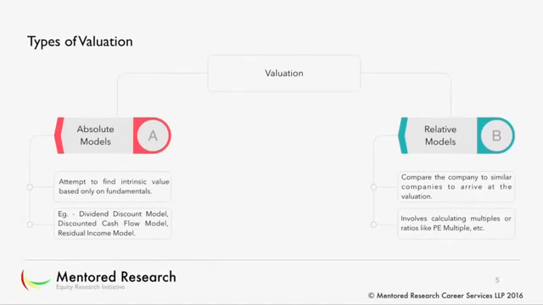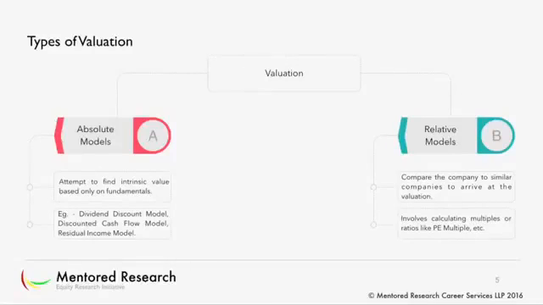Now there are plenty of techniques of valuation. Some are even customized and trademarked by companies. But there are two broad categories that we can classify valuation under: relative valuation and absolute valuation. What's the difference between the two? Absolute valuation attempts to find the intrinsic value of the company based on its fundamentals and gives an exact value for the worth of the company.